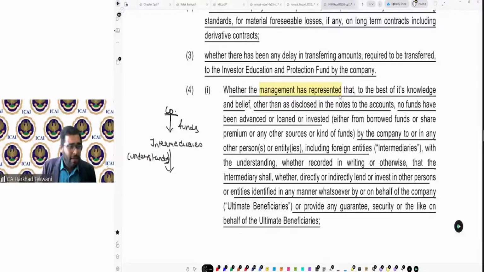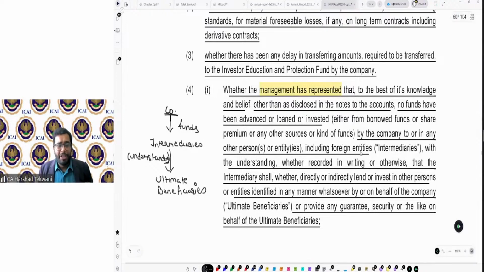So by this company, and that will be known as an ultimate beneficiaries. So whether company has given any fund to the intermediaries to provide them to the ultimate beneficiaries, if yes, then whether the management has represented, but usually the management should provide you representation that they have not done this, or if they have done this, then they have reported this.